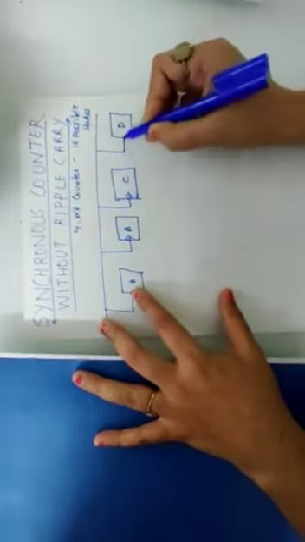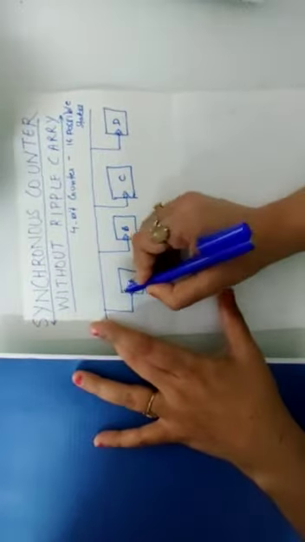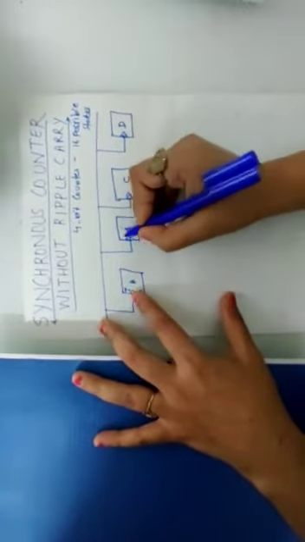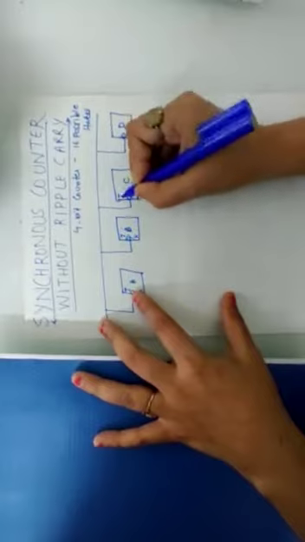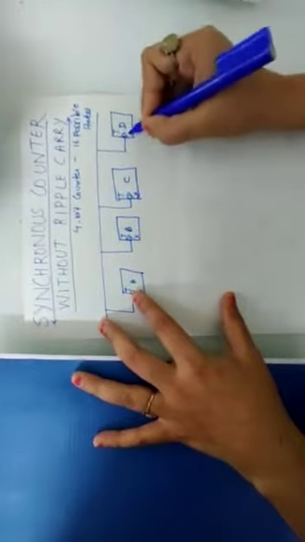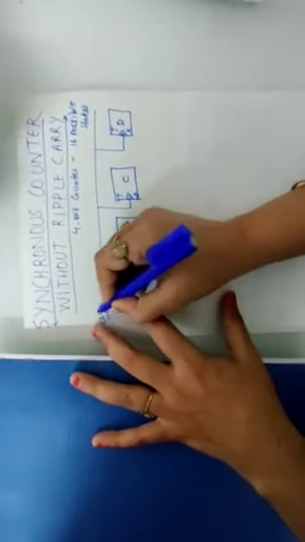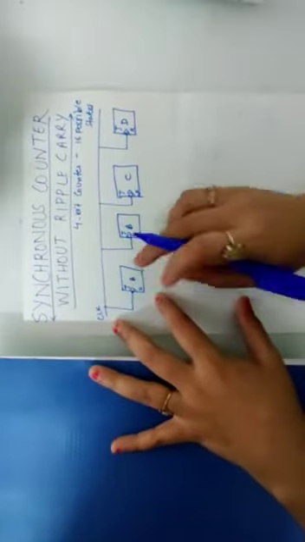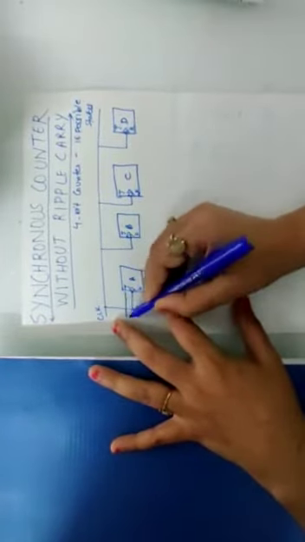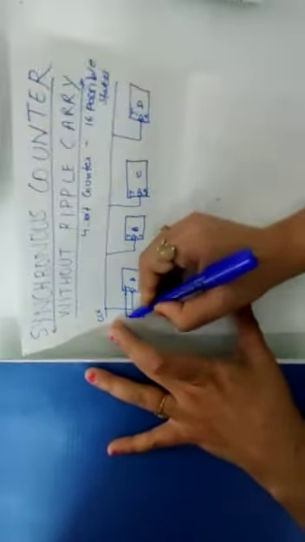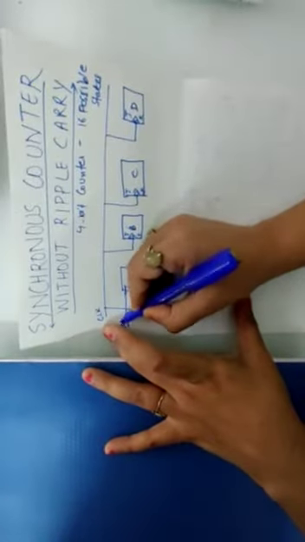Negative triggered. Inputs are JK, JK, JK and JK. This is the common clock, and only the first flip-flop will get the external input, which should be 1 for toggling action.